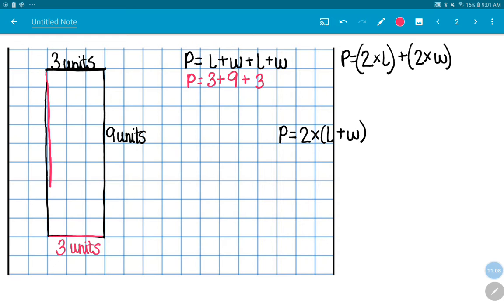And this other side over here, if this side is 9, then this side will also have to be 9 units. So now I just have to add those together. 3 and 9 makes 12. 3 and 9 again makes 12. Then if I add 12 plus 12 together, I get a perimeter of 24 units.